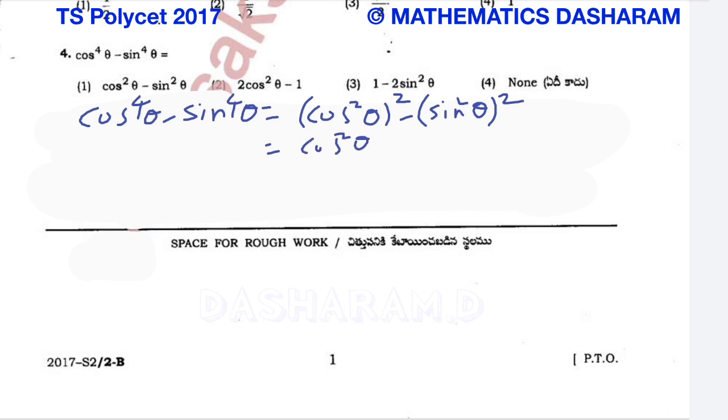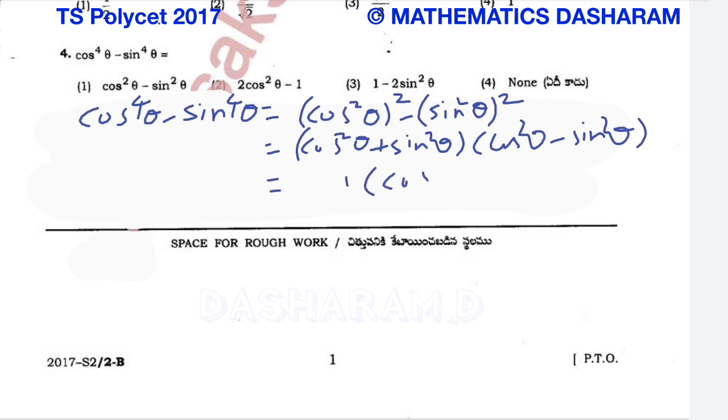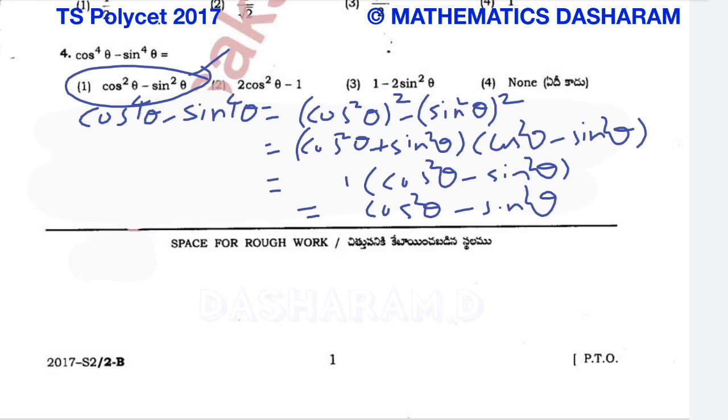So cos square theta plus sin square theta into cos square theta minus sin square theta. It is one of the identities, its answer is 1. So the answer is cos square theta minus sin square theta. So option 1 is correct.